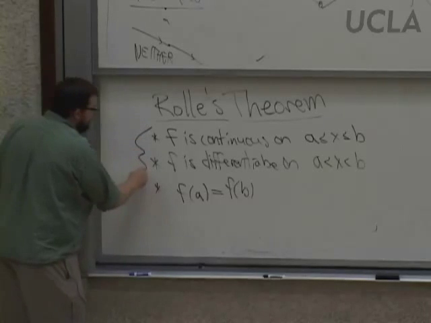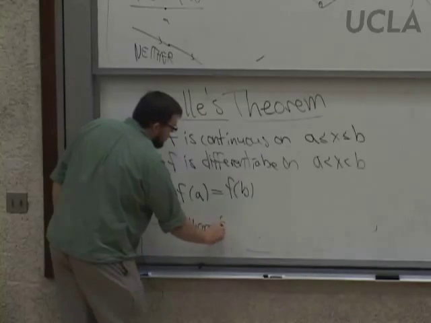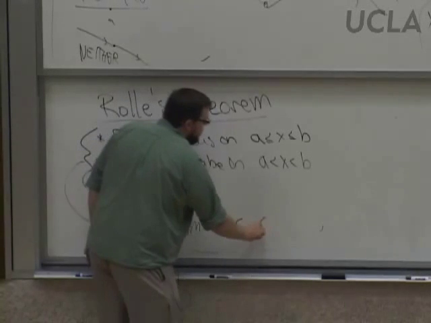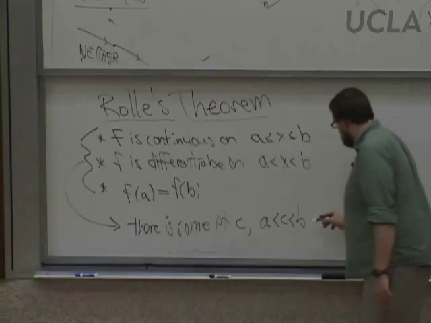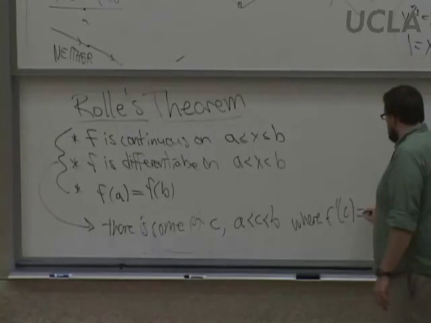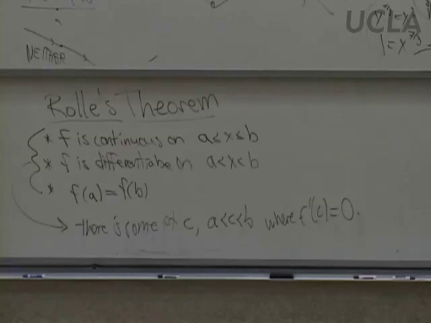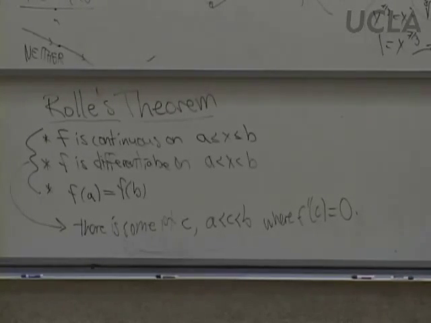These three things being true implies there is some point c, where c is strictly between a and b, where f prime of c is 0. In other words, this is a way to guarantee I have a zero derivative someplace. So if you start and end at the same height, somewhere you had to be 0. And the pictures, the proof, it's fairly intuitive.